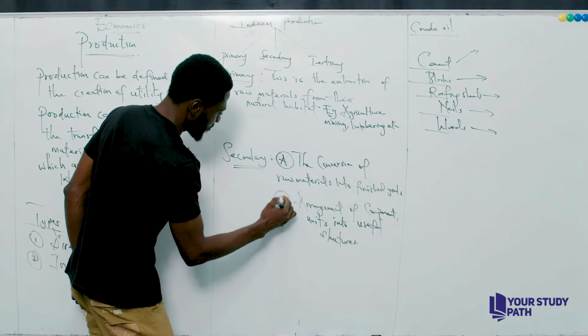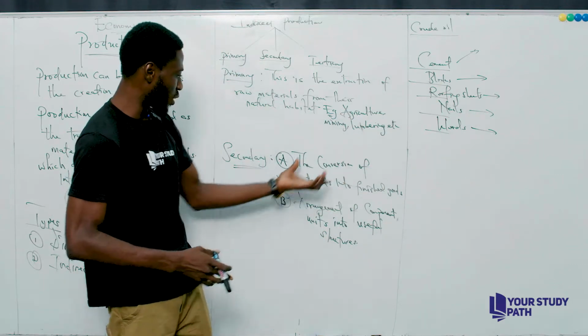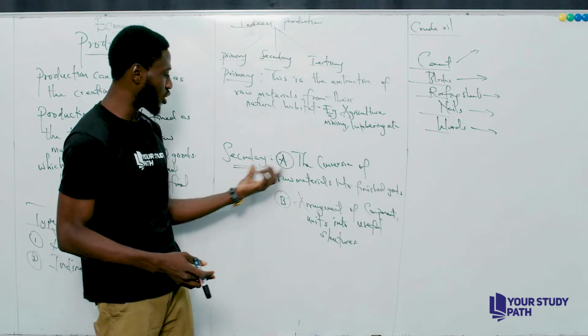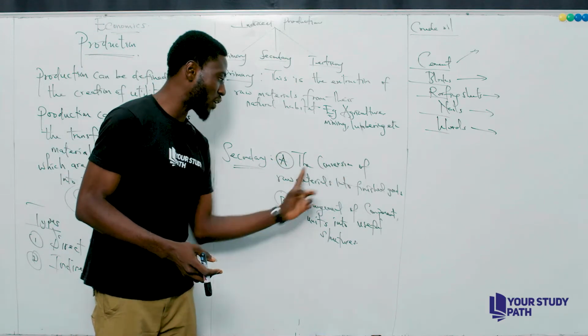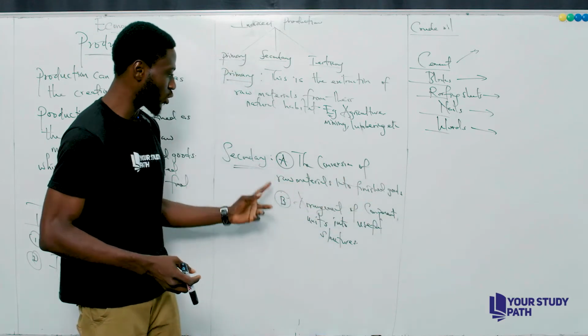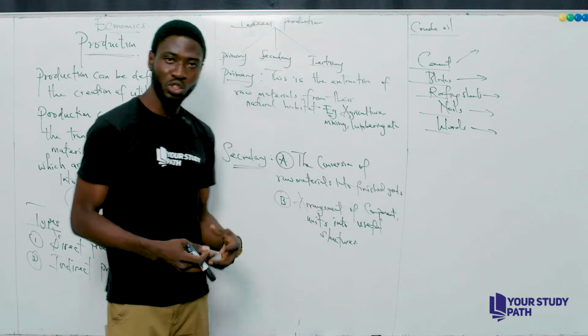All right, so that is what we mean by bringing all these things together. So the secondary production has two definitions, okay? It concerns the conversion of raw material into finished goods, and it also concerns arranging component units into useful structures.